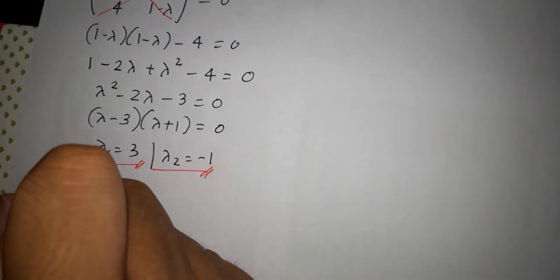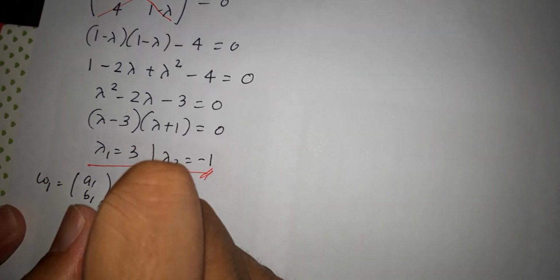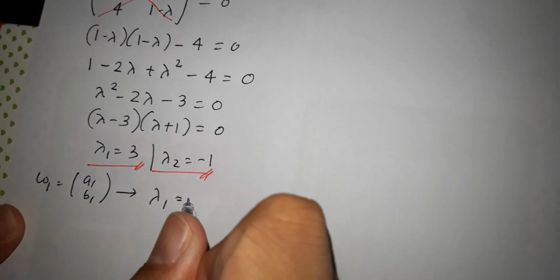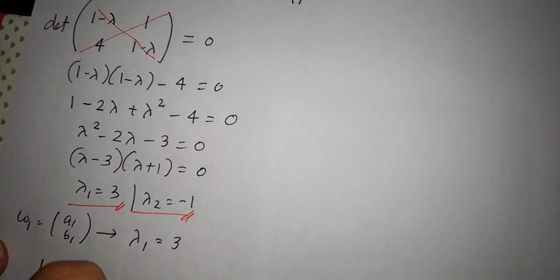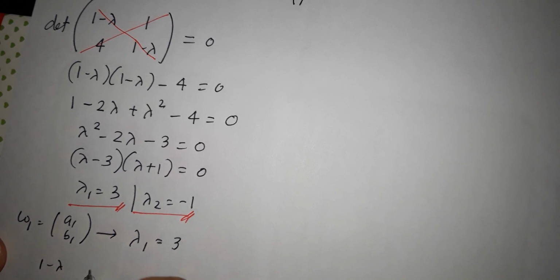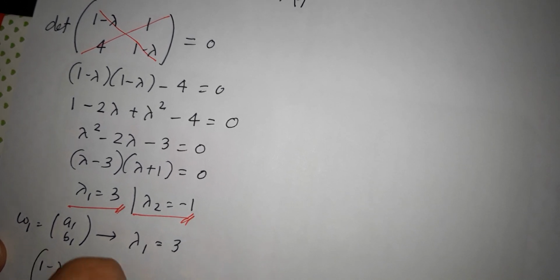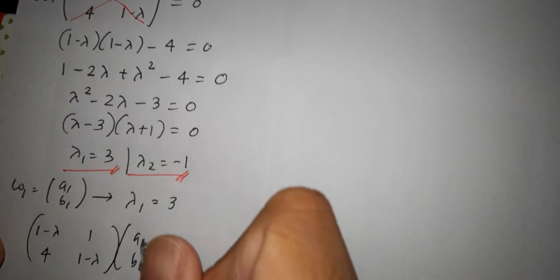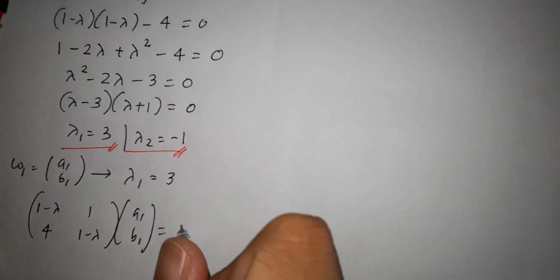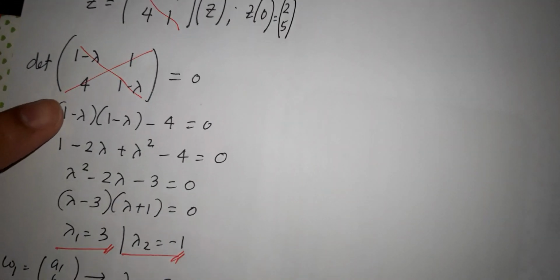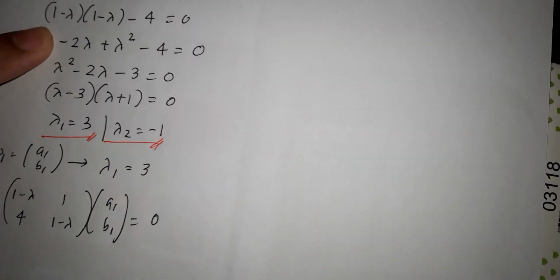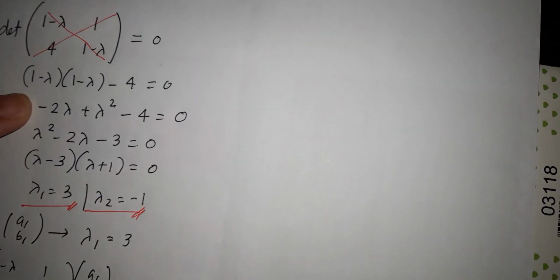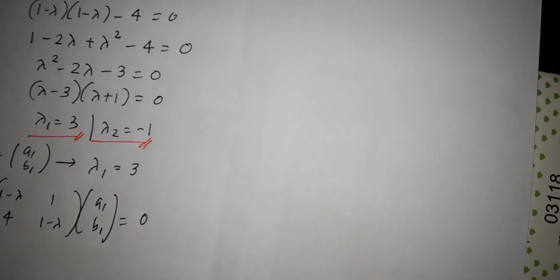Let's solve for omega 1, a1, b1. Again for lambda 1, which is equal to 3. Ang gagawin, subtract lang natin doon. That's 1 minus lambda. Copy lang natin. a1, b1 is equal to 0. Again, copy lang 1 minus lambda for 1 minus lambda, 1 minus 1 sa taas, that is a1, b1 is equal to 0.